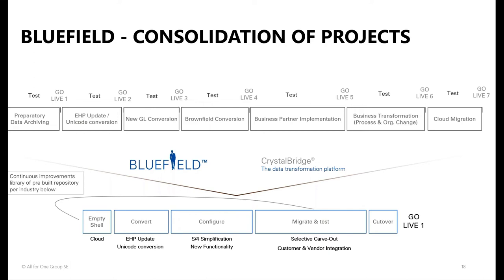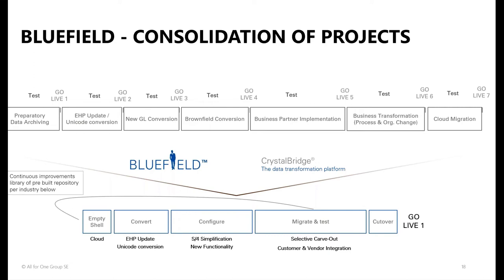And as you can see, in the classical approach with Brownfield or Greenfield, a customer would execute a couple of projects. He would, let's say, prepare data archiving, for example, execute the Unicode conversion, or maybe do the enhancement pack for his current system.